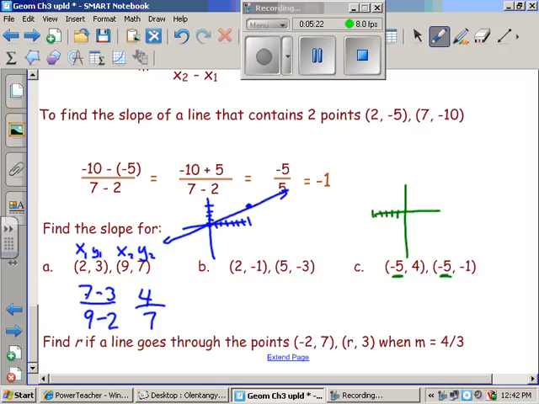So what kind of line would it be? Undefined, it would be vertical, right? So whenever you see the x's are the same, you know that's going to be a vertical line. When you see the y's are the same, it's going to be horizontal, right? Okay? Any questions on calculating slope?